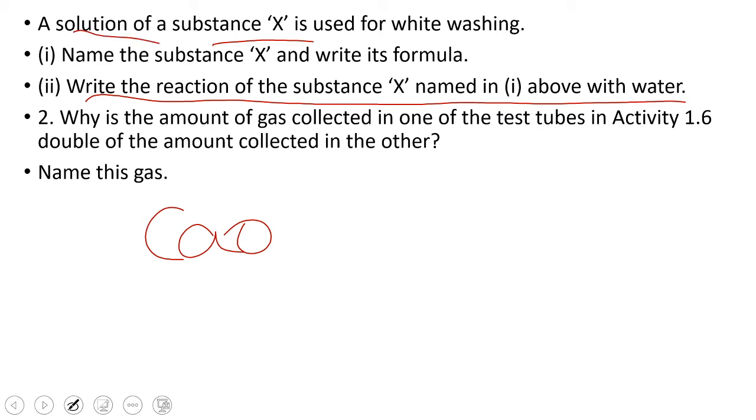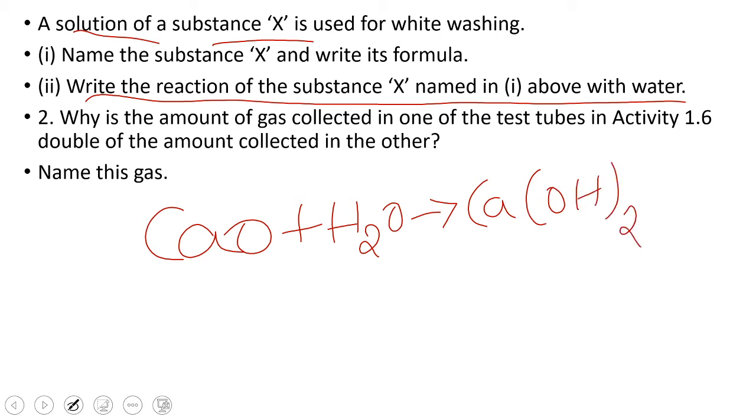So when calcium oxide is mixed with water, what will happen? Calcium oxide reacts with water to give calcium hydroxide. This is called quicklime and this is called slaked lime. Slaked lime is used for whitewashing.